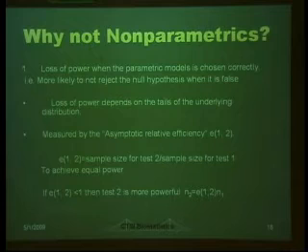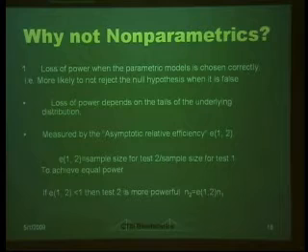And if you want to get the same chance of making a correct decision, then the sample size you need for the second test is some number less than 1 multiplied by this number n1. So for example, if the asymptotic relative efficiency was 0.5, then you would need a sample size twice as big for the first test than you would for the second test to have equal power.